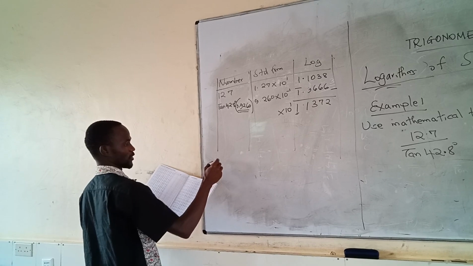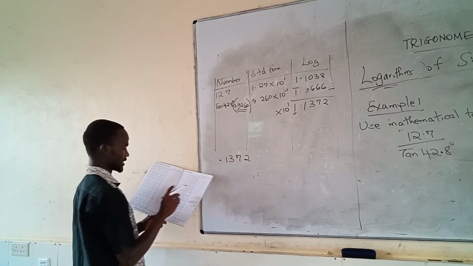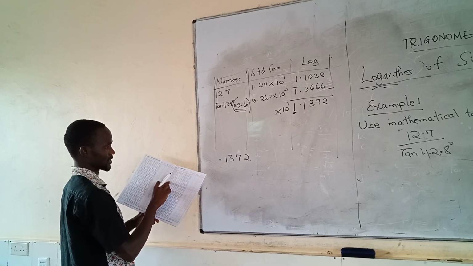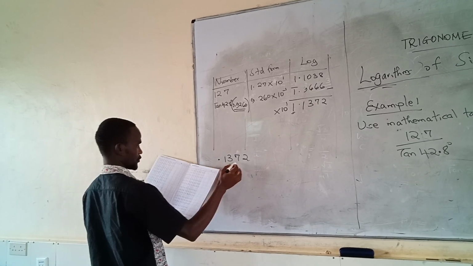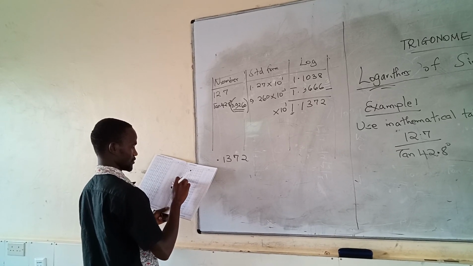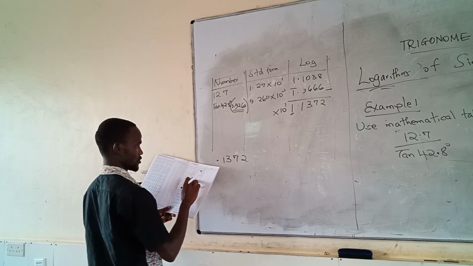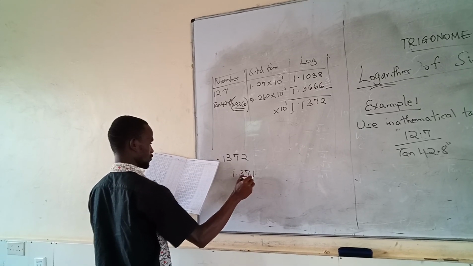We are looking for 0.13, then we go to 7. 0.13 to 7, we have 1.371.